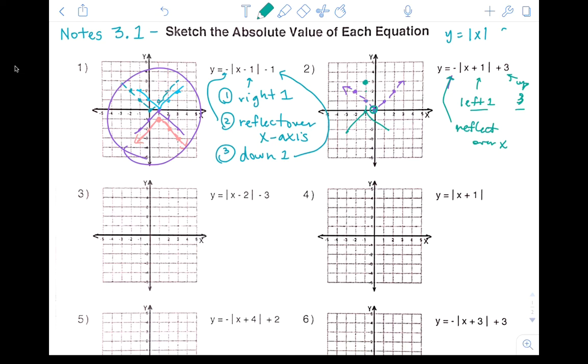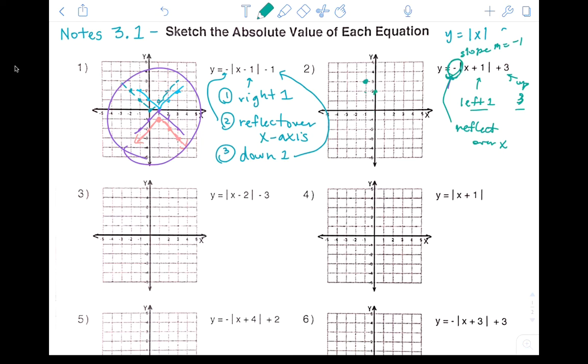But what I want you to recognize is because this is linear, because absolute value is 2 lines pieced together, that is your slope. So the slope of those 2 lines is -1, as in -1 over 1. Once you know that you need to go left 1 and up 3, and there's your new starting point, use your slope.